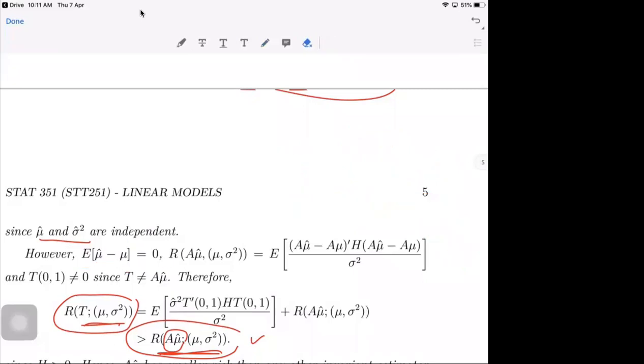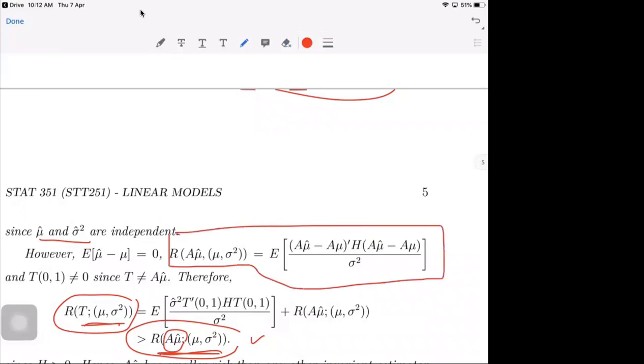And then this is the risk associated to your, or the expected loss. This is the loss function if this is your D1, no? This is your D. This is the associated loss function if you are using A mu. This is the expected loss.